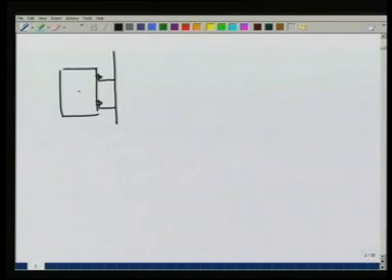Let the weight of this gate be W, let its width be b, let the distance between the supports be h, and let this distance from the support wall to the point where the gate is supported be a. We want to find the forces that are being applied by the wall on these supports, assuming that the entire weight of the gate is borne by the lower support.